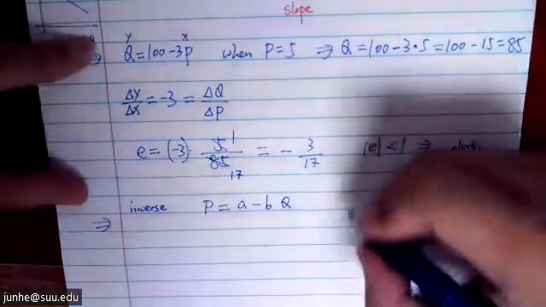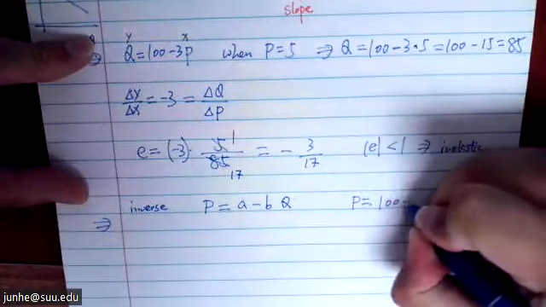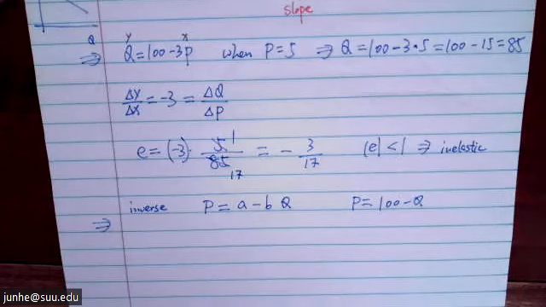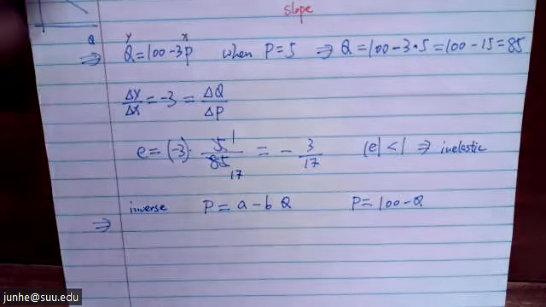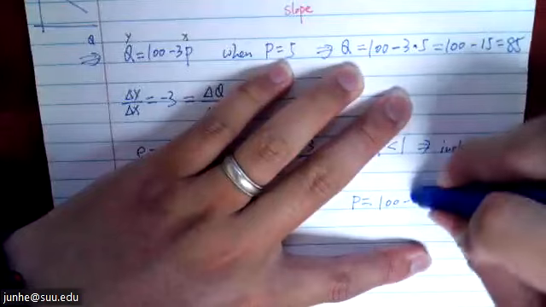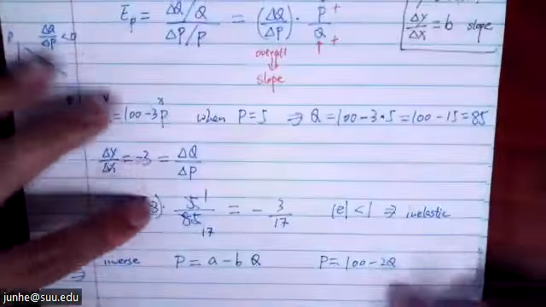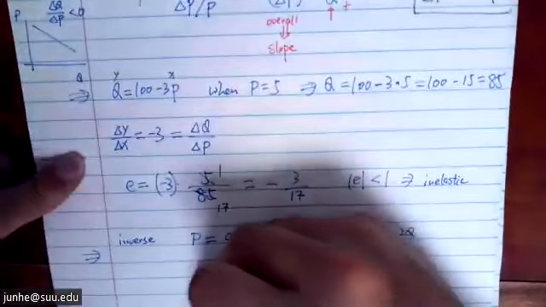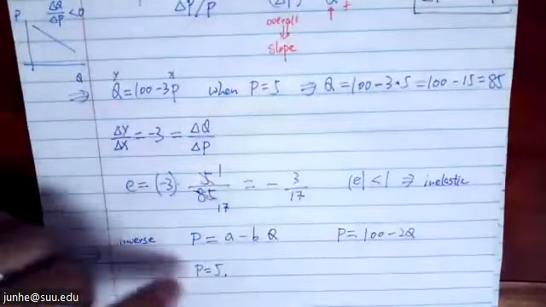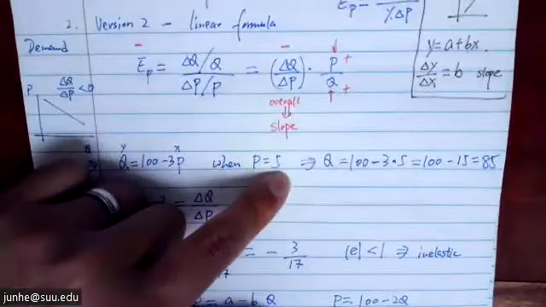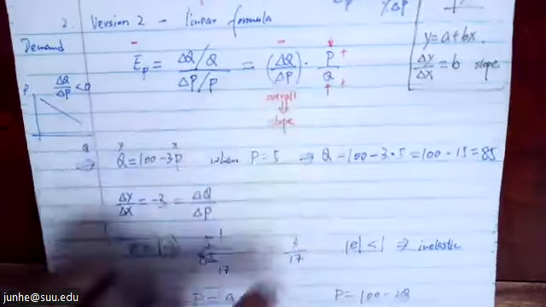I'll just give you a case, say P equals 100 minus 2Q. In that case, if I give you, say, P equals 5, you can still utilize this to calculate the Q, right?